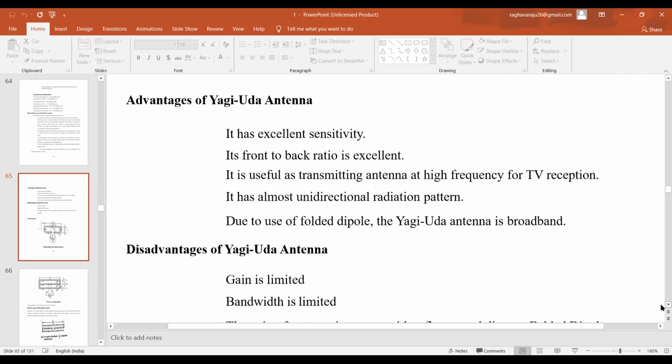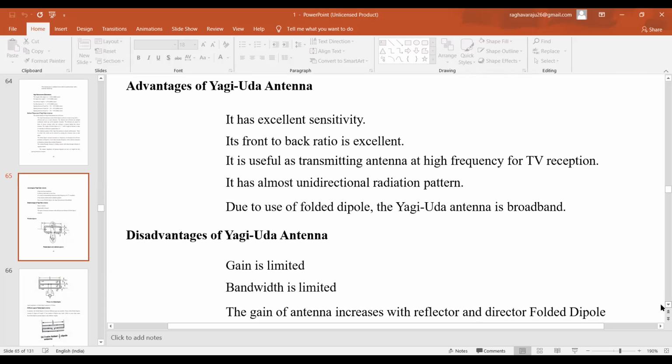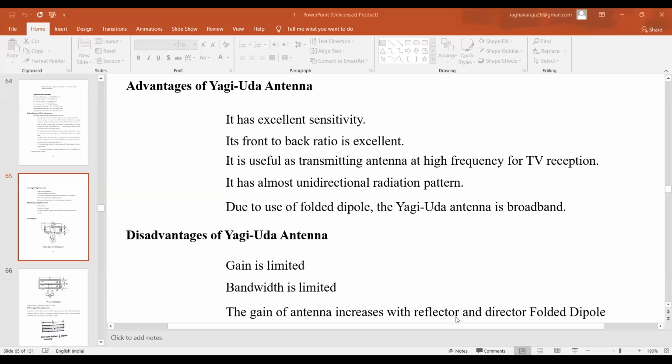So these are the basic advantages of the Yagi antenna.